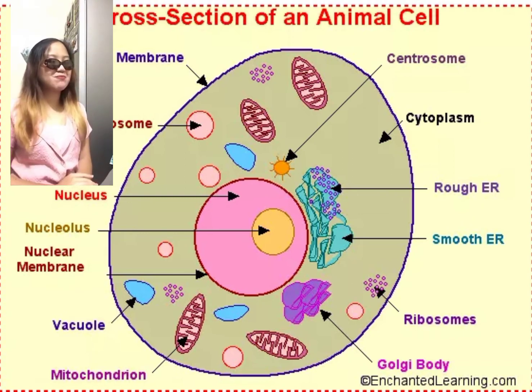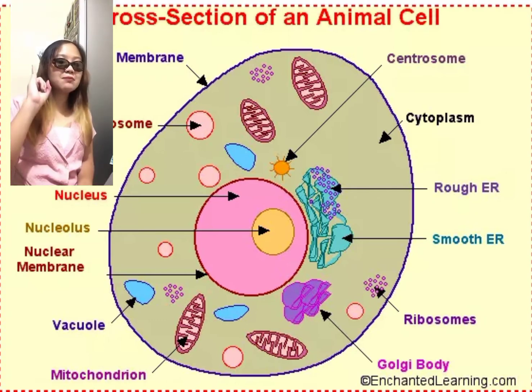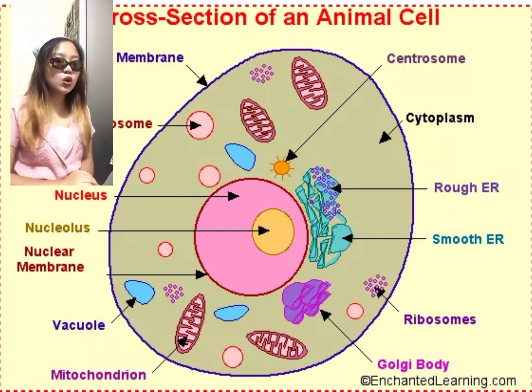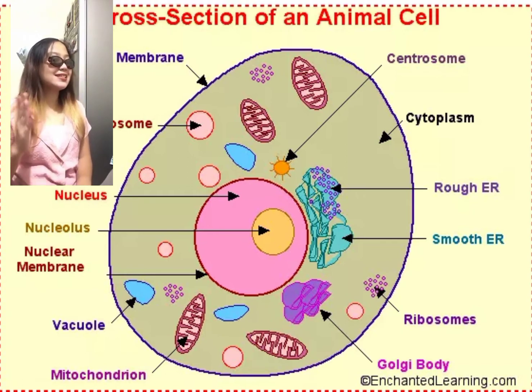Now that you know the basics, let's illustrate and define the different parts of the cell, such as the cell membrane, nuclear membrane, nucleus, centrosome, lysosome, cytoplasm, Golgi apparatus, mitochondrion, ribosome, endoplasmic reticulum, vacuole, and cytoskeleton.